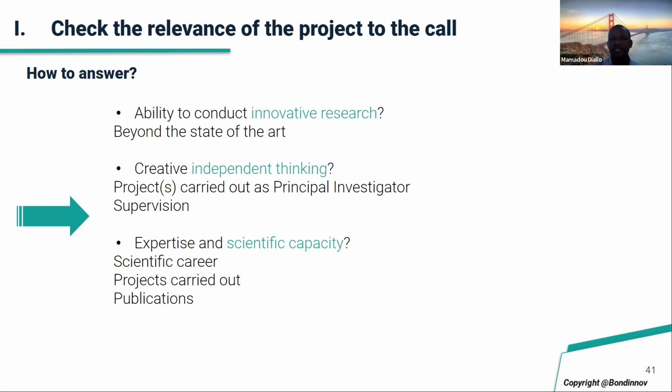Creative independent thinking: you have to show how the project is carried out as a principal investigator or a supervisor. The expertise, scientific career, projects carried out and publications. You have to show all of these to be convincing for the donor to fund your project.